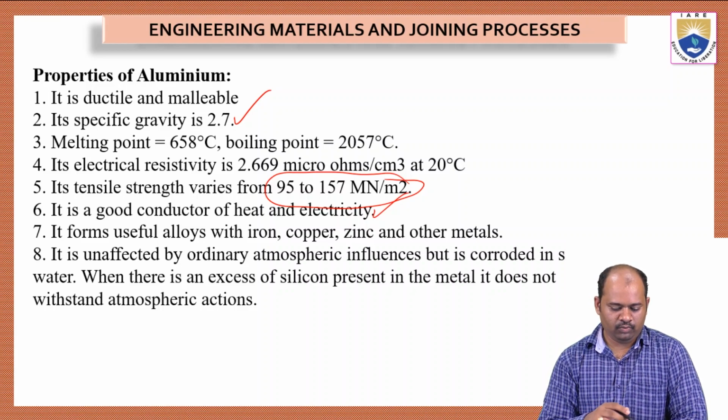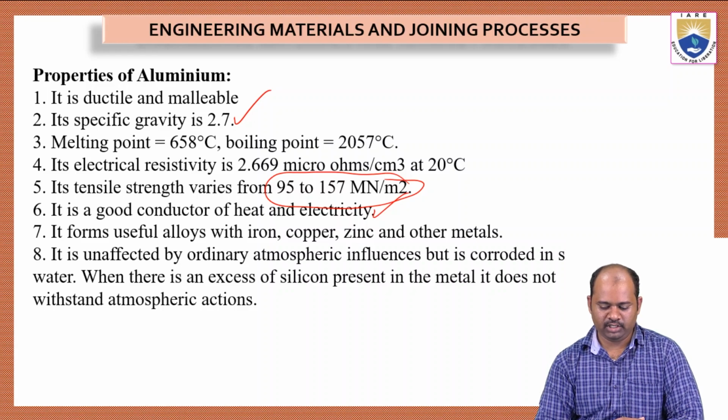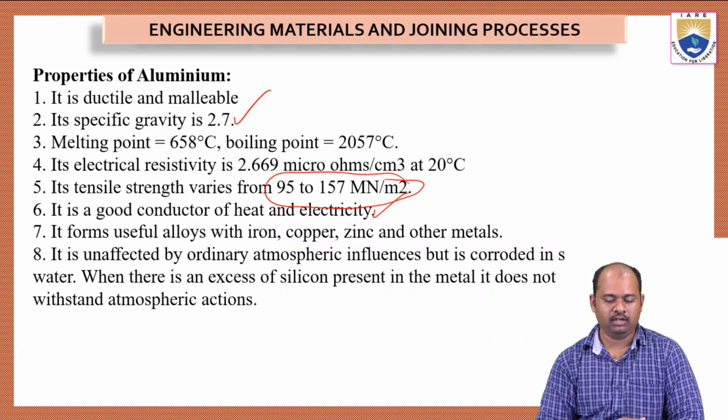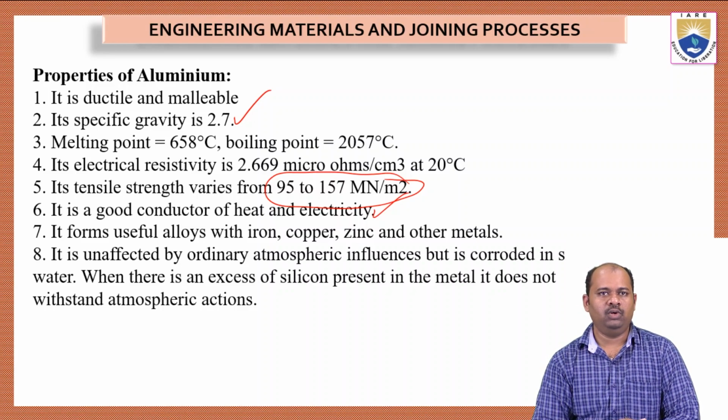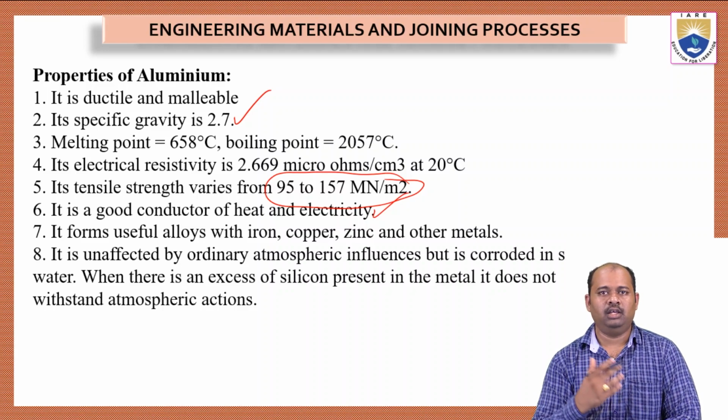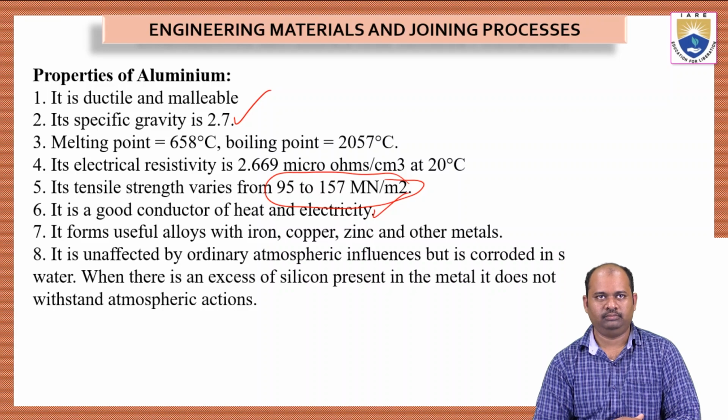Now, when there is an excess of silicon present in the metal, it does not withstand atmospheric actions either. So we have to always maintain a very low level of silicon in the aluminum so that it can withstand atmospheric oxidation.